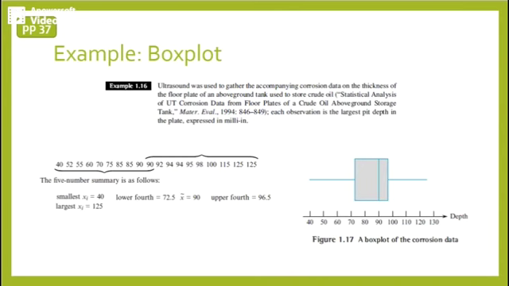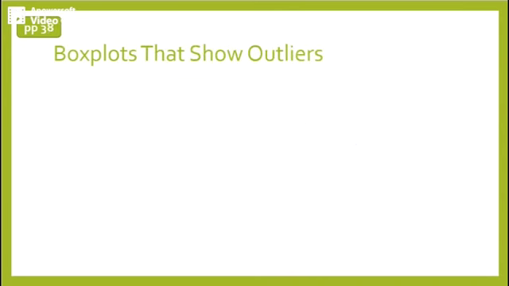Then there are box plots that show outliers. A box plot can be used to indicate explicitly the presence of outliers. Now, how do we say that this observation is an outlier or not an outlier?